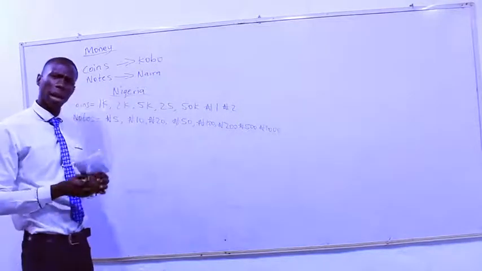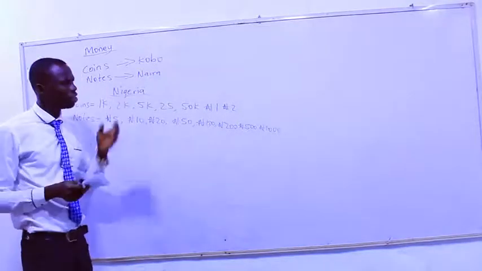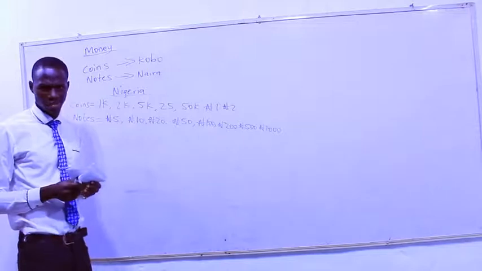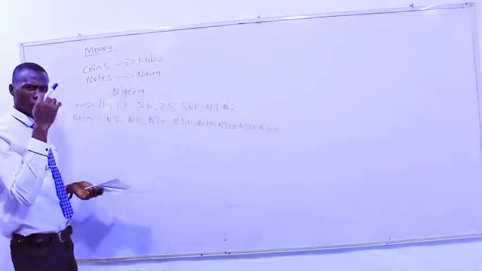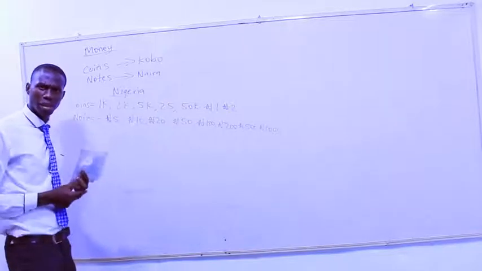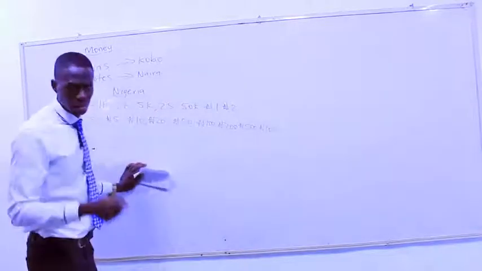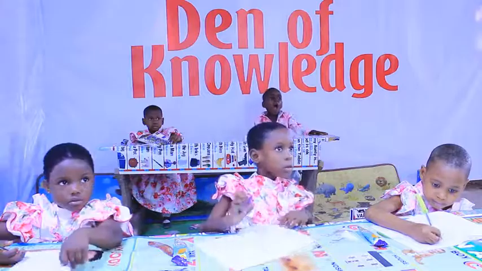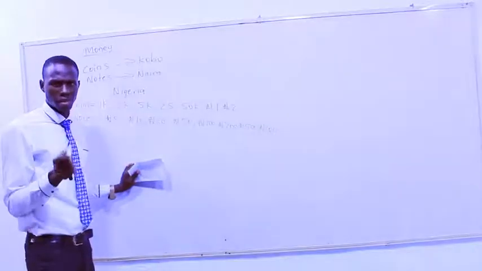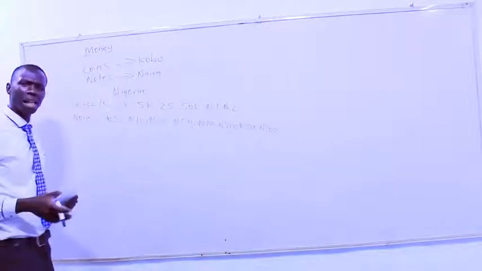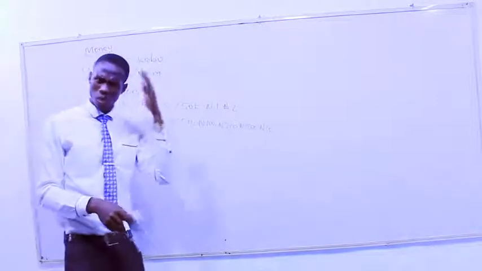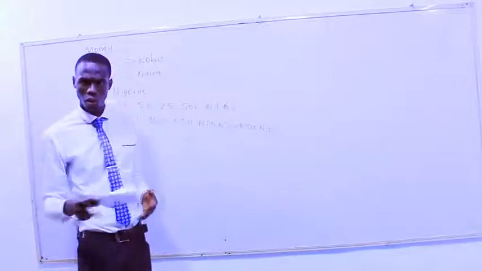In America, they have dollars. Dollars appear like $10, $100. I think $100 is the last of the currency. In other countries like Ghana, they make use of coins and notes also.